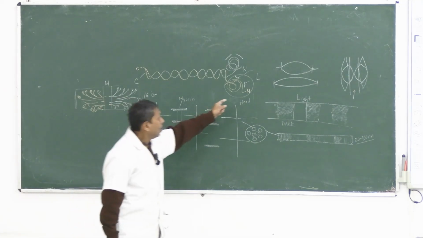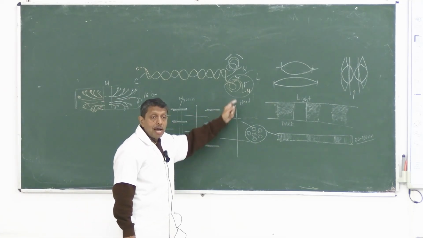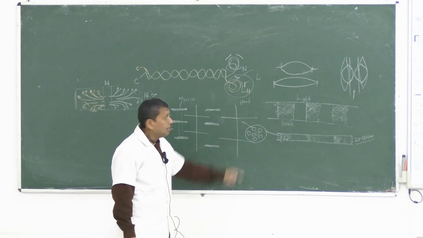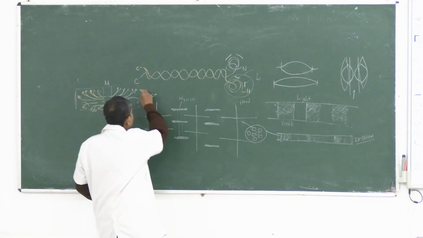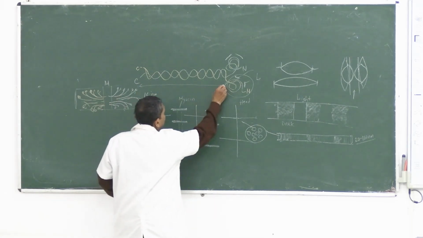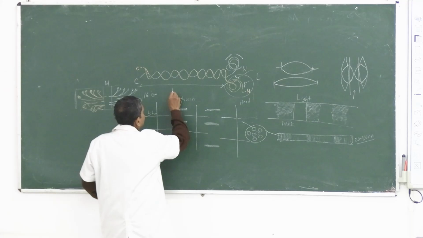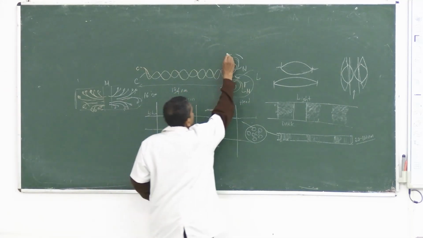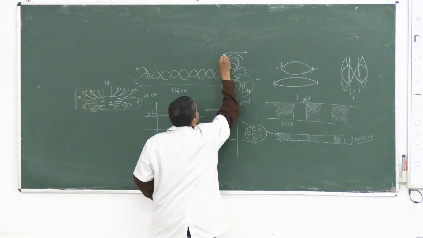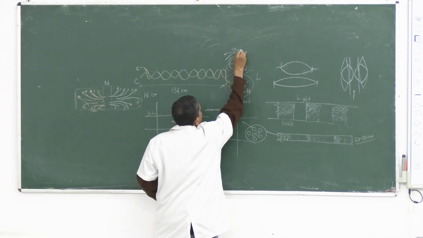And this is the head part that forms the cross bridges, and it is functionally important. It can unite with the actin, and its length is up to 134 nanometer, and this part is 9 nanometer, head part 9 nanometer.